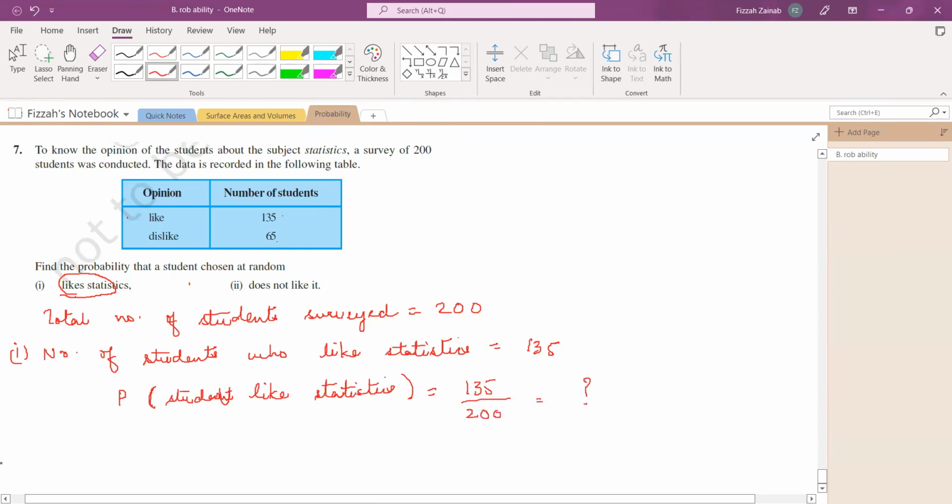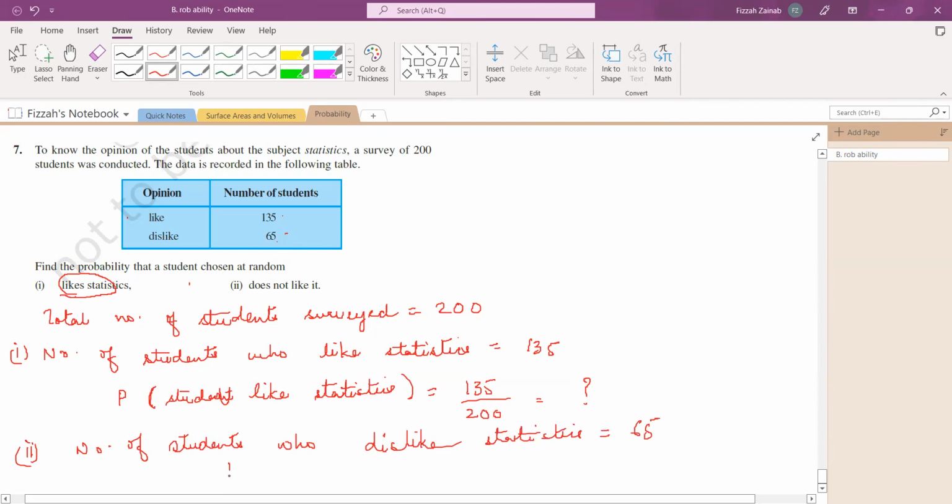I'm leaving that. Then second, does not like it. So this data is already given. Otherwise, you could have subtracted it from 200. So number of students who dislike statistics is already given in the table, which is 65, right?